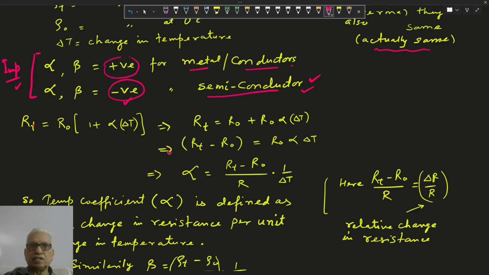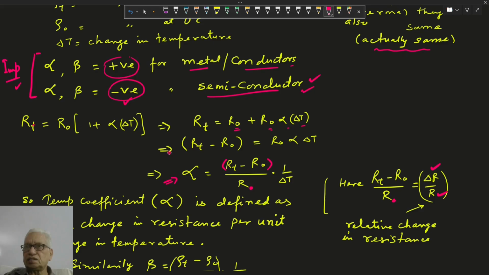This is the formula: RT is equal to R naught times 1 plus alpha delta T, or if we multiply in the bracket, RT is equal to R naught plus R naught alpha delta T. So RT minus R naught is equal to R naught alpha delta T. So alpha can be written as RT minus R naught, that is the change in resistance, upon R naught, the original resistance, times 1 by delta T. So it is delta R, the change in resistance, upon the original resistance.